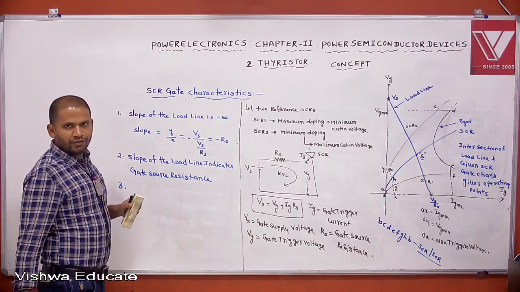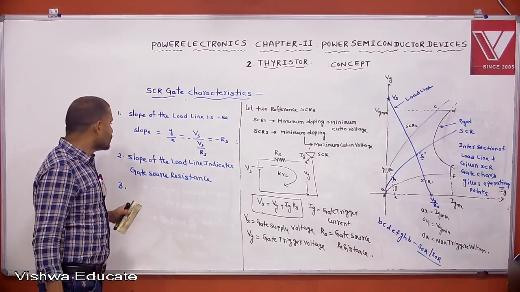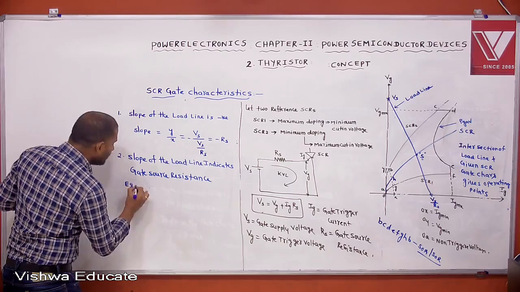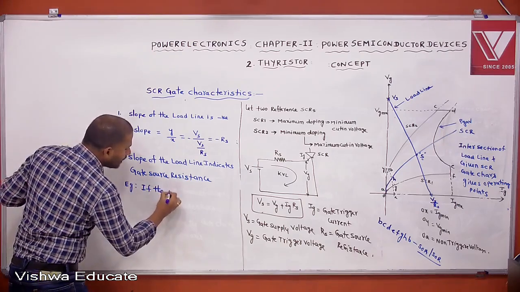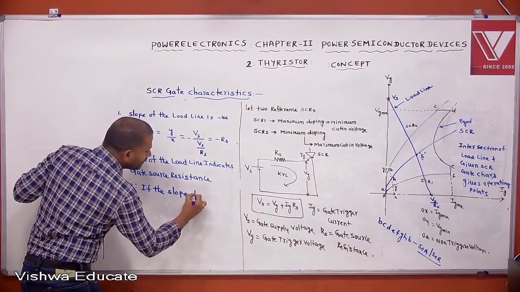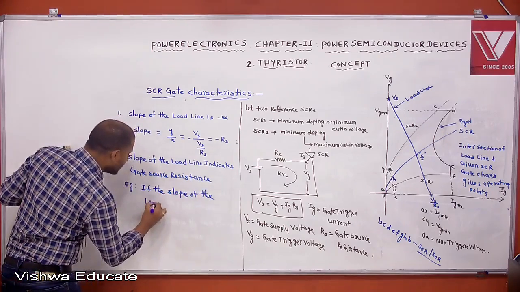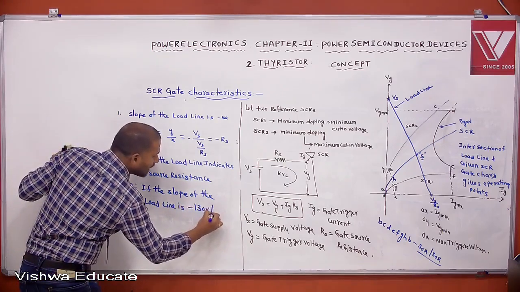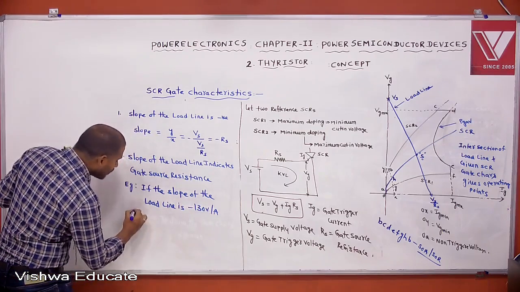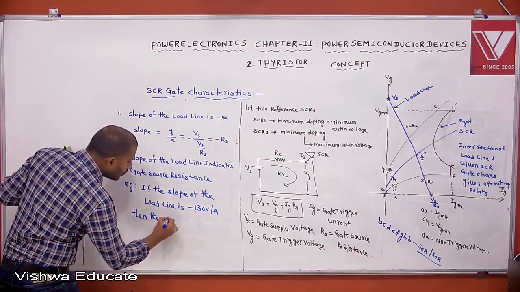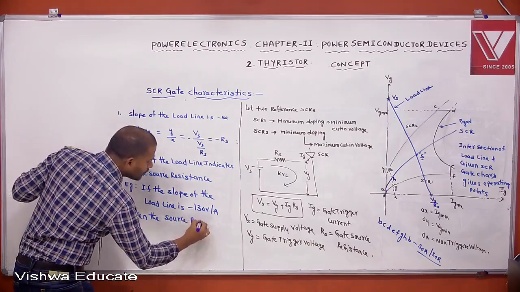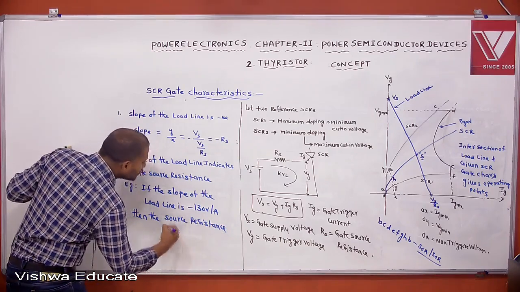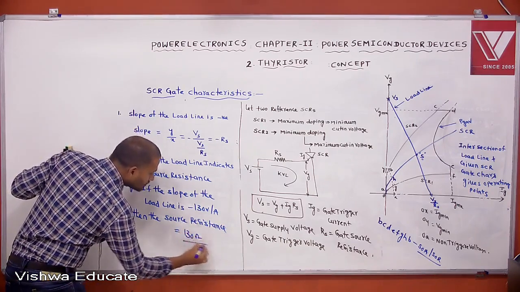Yes, third observation, a very, very important point: the slope of the load line indicates the gate source resistance. For example, if the slope of the load line is minus 130 volts per ampere, then the gate source resistance is 130 ohms.